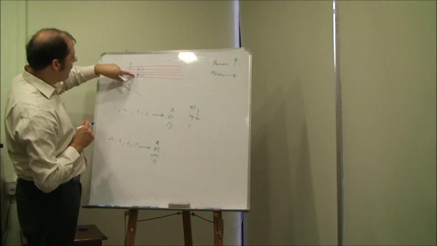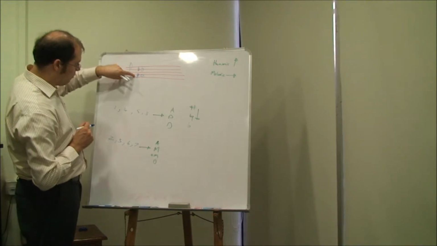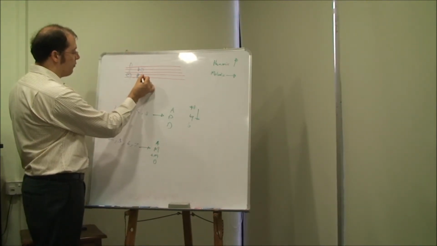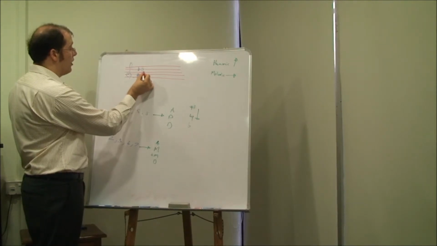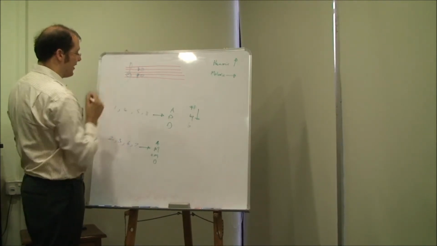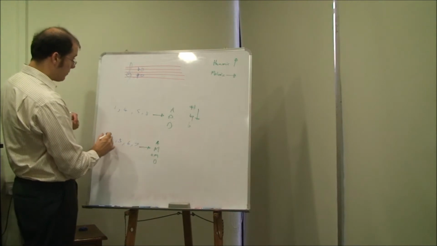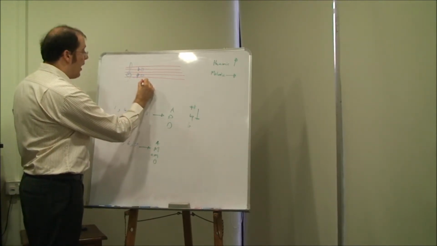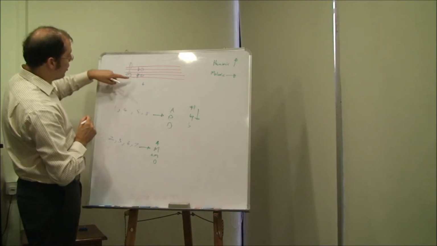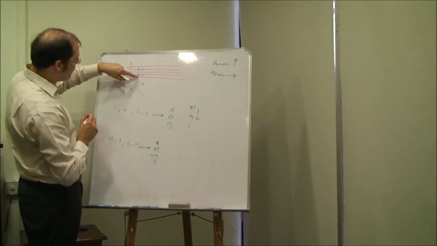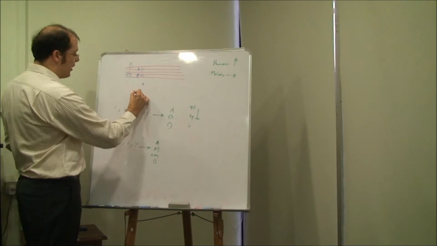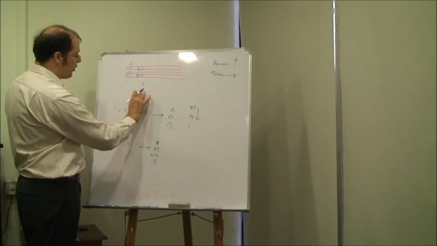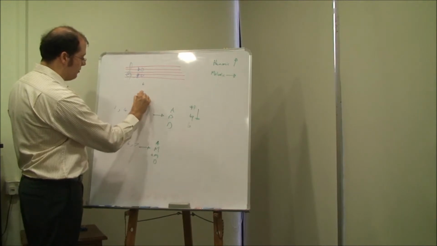But in F sharp major, first let's work out what the size is. So we have 1, 2, 3, 4, 5, 6. So we have a sixth. And now we want to know, in F sharp major, this would have been a D sharp. So we'll need to lower it once to get to D natural.